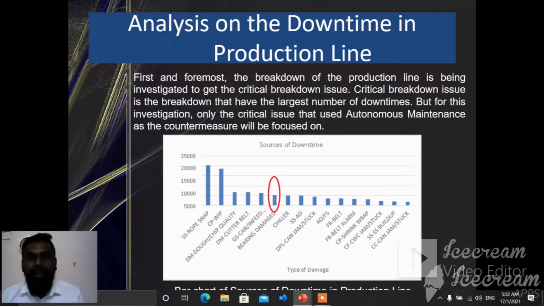There is higher downtime caused by other types of issues, but we didn't focus on those because I just chose the bearing first. And besides that, they have already implemented steps to improve the other downtime.